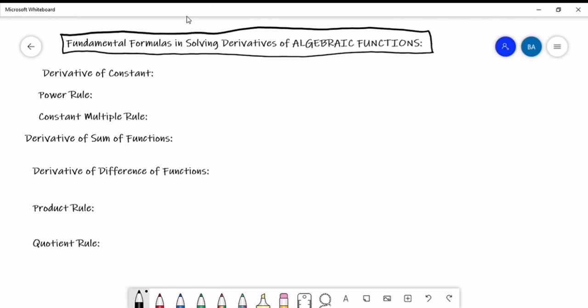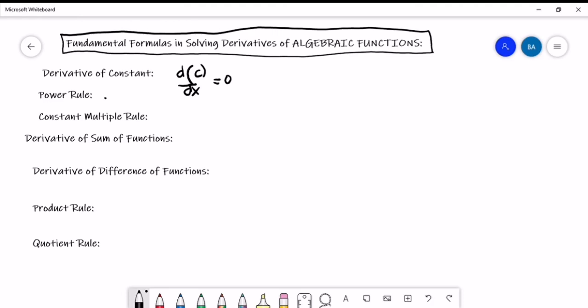The theorem is that the derivative of any constant with respect to x is automatically equal to 0. Okay, so later we are going to discuss one of the examples.